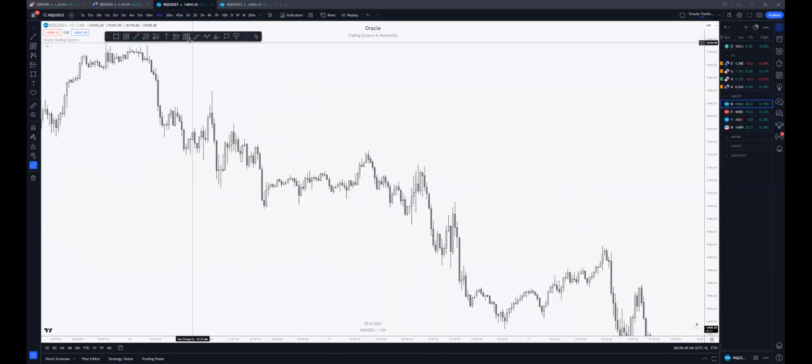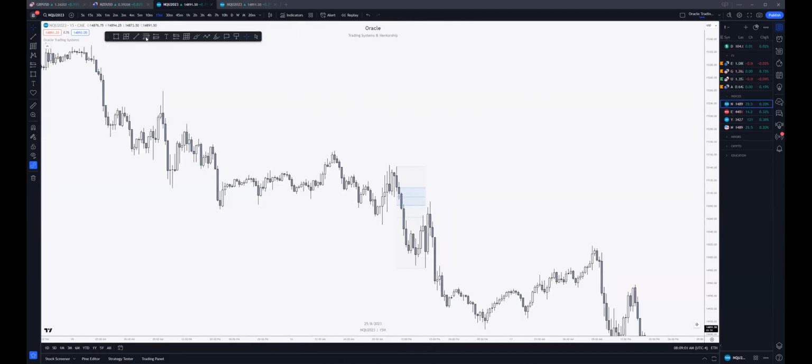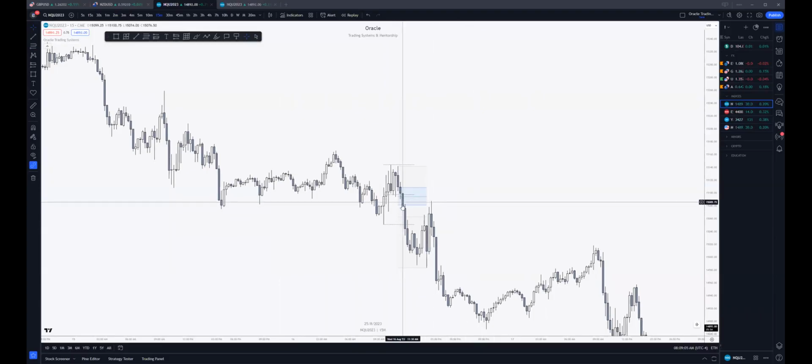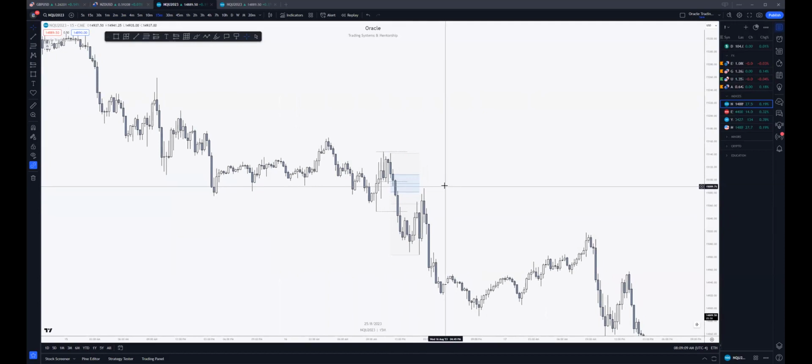So you kind of have to look at what works for you with all of the tools available and find out what entry style works best for you. Here's another one, right? Like here, and you can use both tools here. This level here, right? And that's the one that gets traded to, not this one.